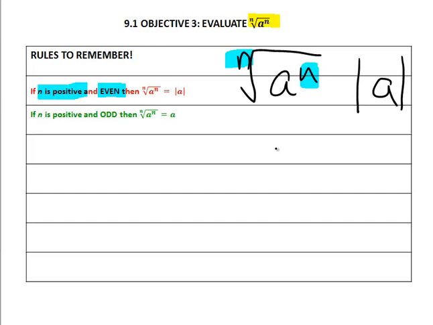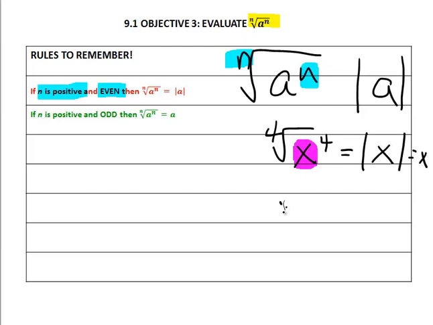If we had, let's say, this is to the fourth, and you had x to the fourth, what would come out would be the absolute value of x, which is x.